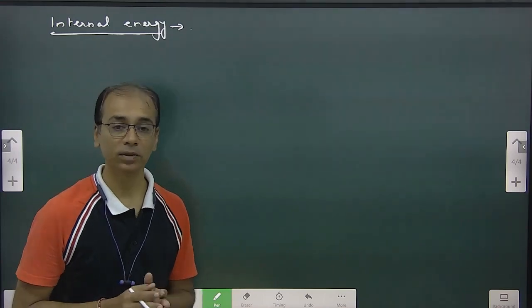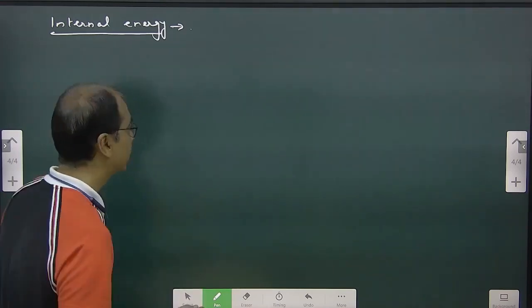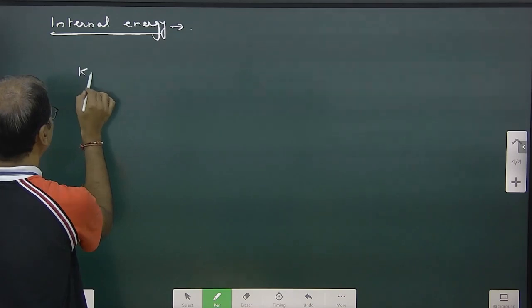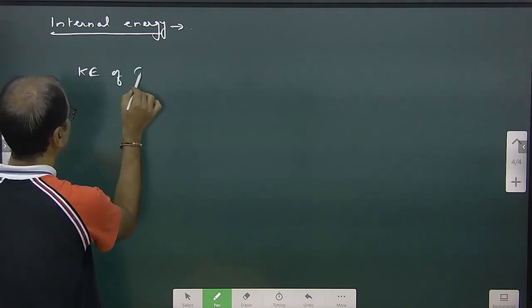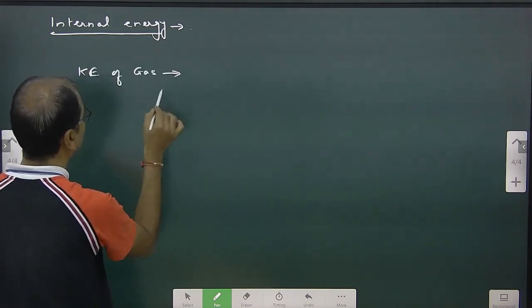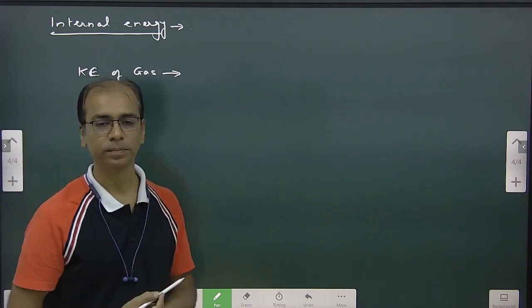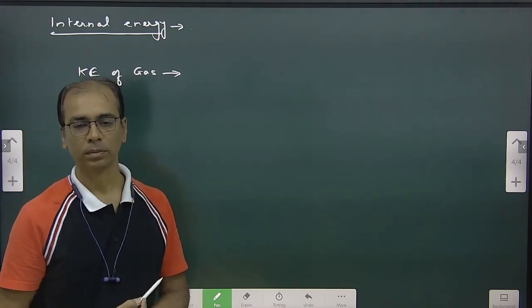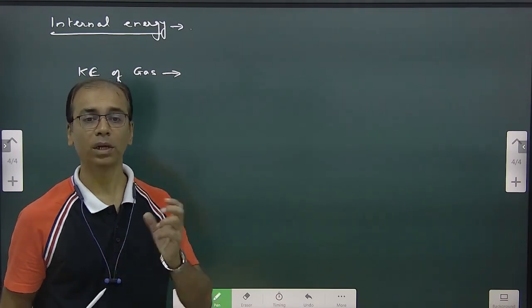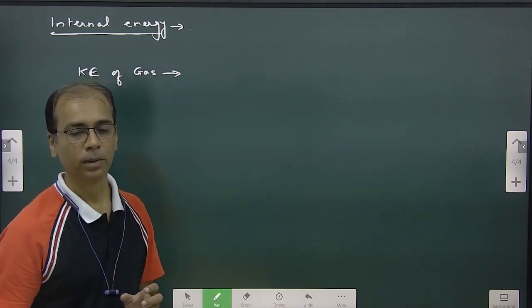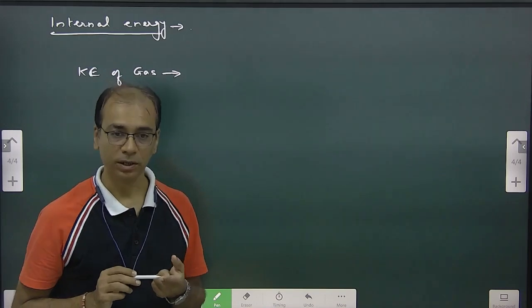So kinetic energy, when we talk about kinetic energy of gas, it is related to the molecules of the gas. The molecules will be moving. How can they move? Kinetic energy can be translatory.